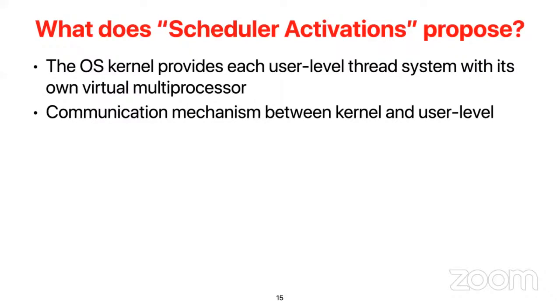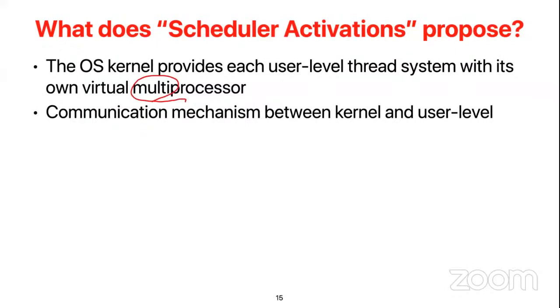So the concept of scheduler activation is to change the processor in a way that provides you a multiprocessor. Since the process is given multiple processors, the user space library will have the capability to schedule threads onto multiple processors.